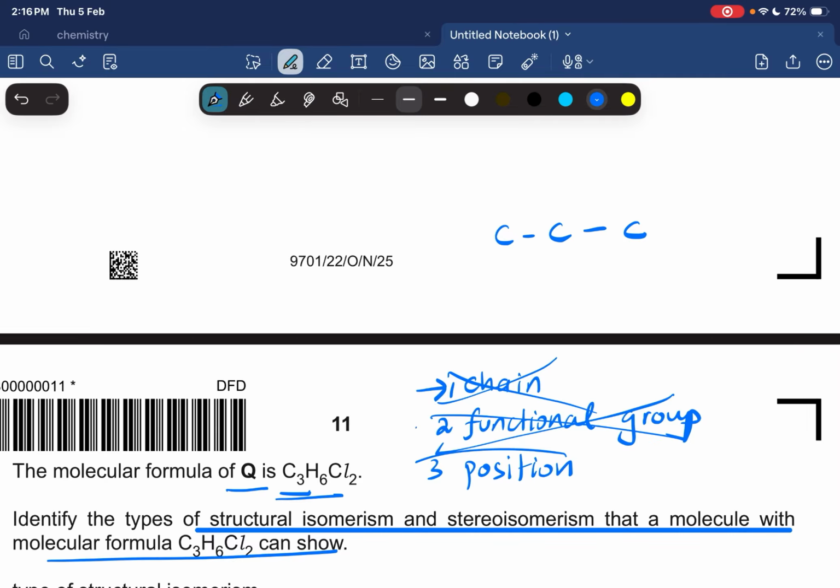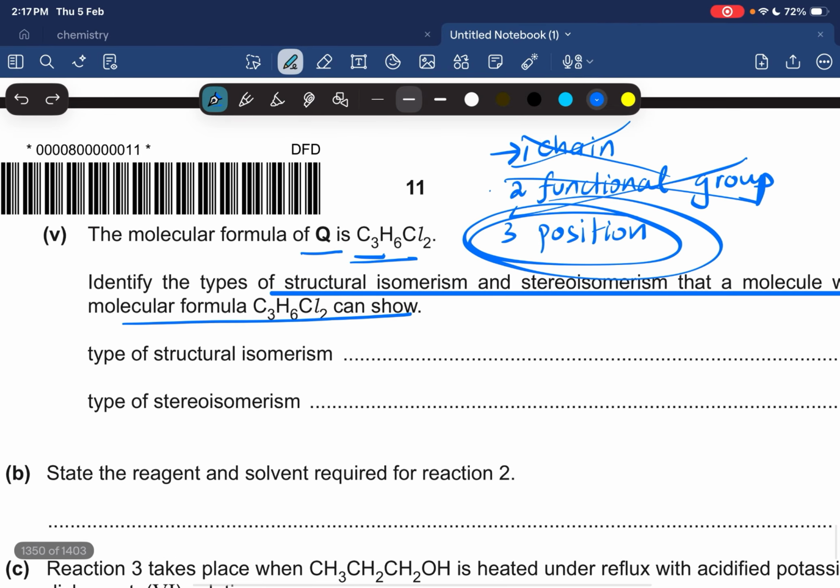The only thing you can do is change the position of the chlorine: place it on one carbon, then on another carbon. So the only isomerism here is position isomerism. So the type of structural isomerism is position isomerism.